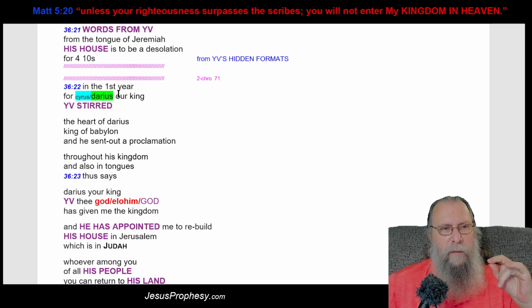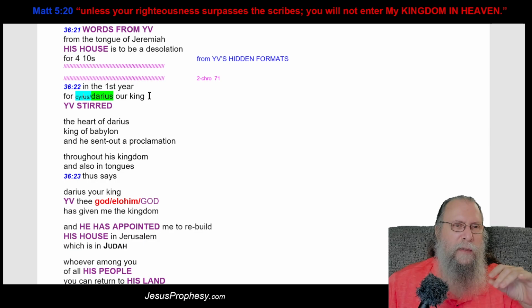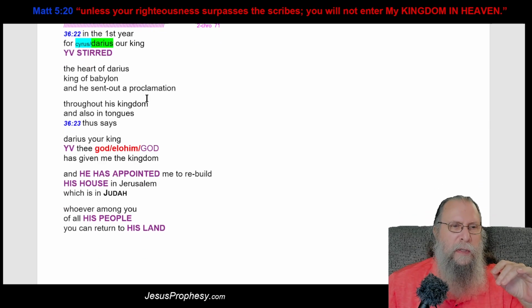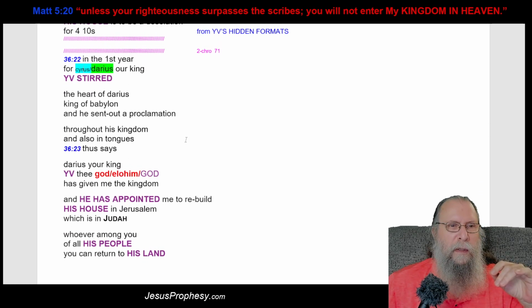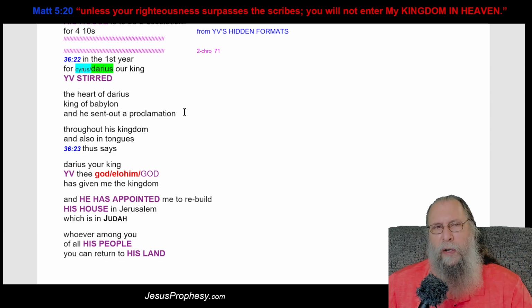And then the third kingdom is from Persia, and these Persians, the way I have the text from our Creator's hidden formats. So this text here, even though it's here, it really is reading way out of context.